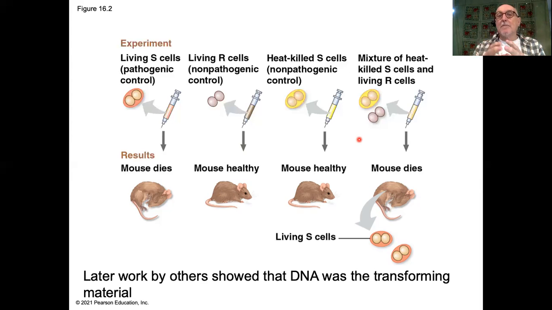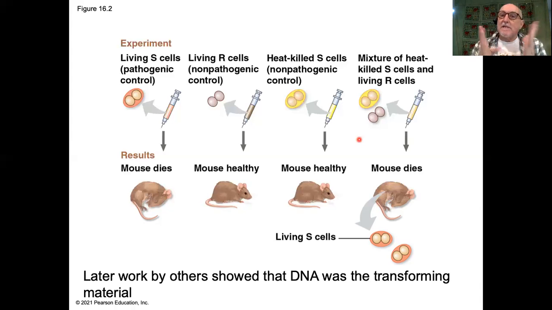And the nucleotide monomers consist of a sugar, a phosphate group, and then nitrogen-rich ring structures, which we call the bases, of which there are 4 in DNA: adenine, guanine, cytosine, and thymine. So that much was known about DNA.